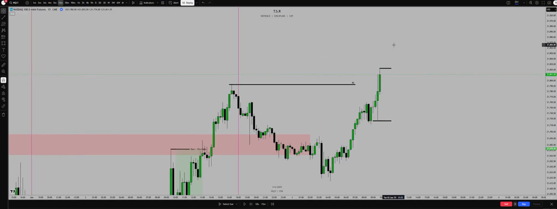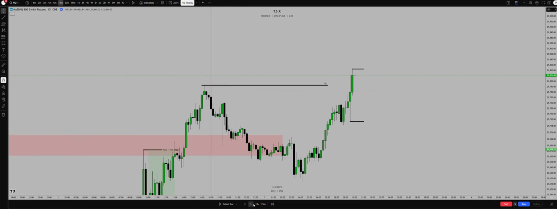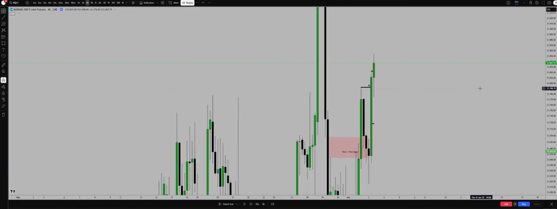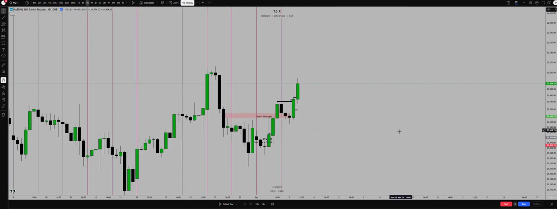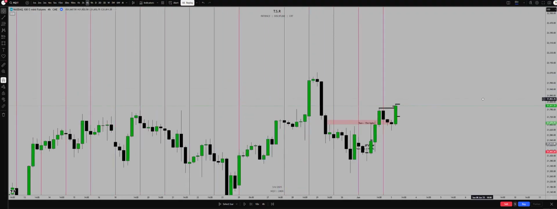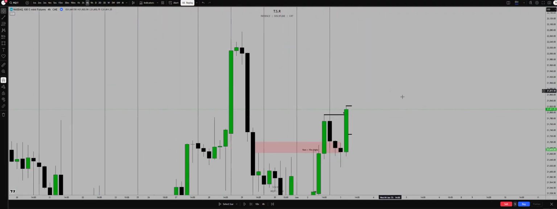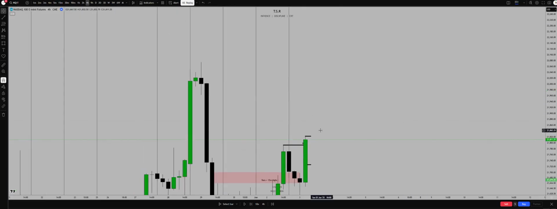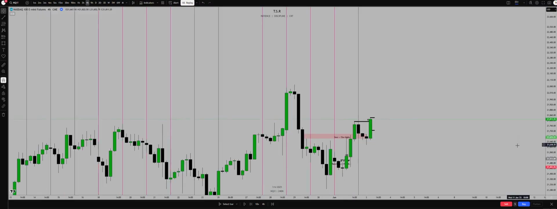Now we're looking for a 15-minute CRT at the highs or a 15-minute CRT at the lows. All right, potential 15-minute CRT right there as soon as price closed. Now, if we jump up to the 4-hour time frame, sorry about that, is there any type of liquidity that price wants to potentially tap into?